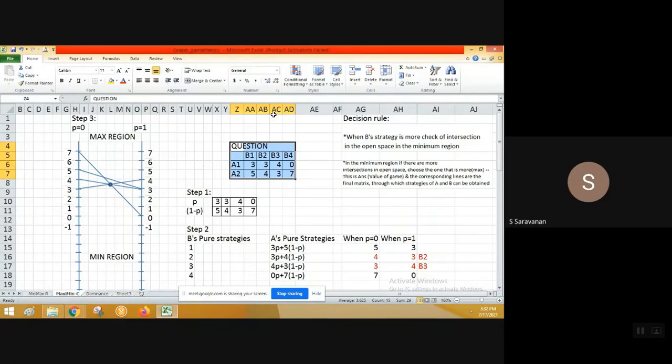We can use only 2 equations with 2 variables, P and 1 minus P. So if you have A1, A2, A3, what can we do? We had a method called dominance, right? We will compare row 1 with row 2, row 1 with row 3, and whichever row is lesser, we will cancel.